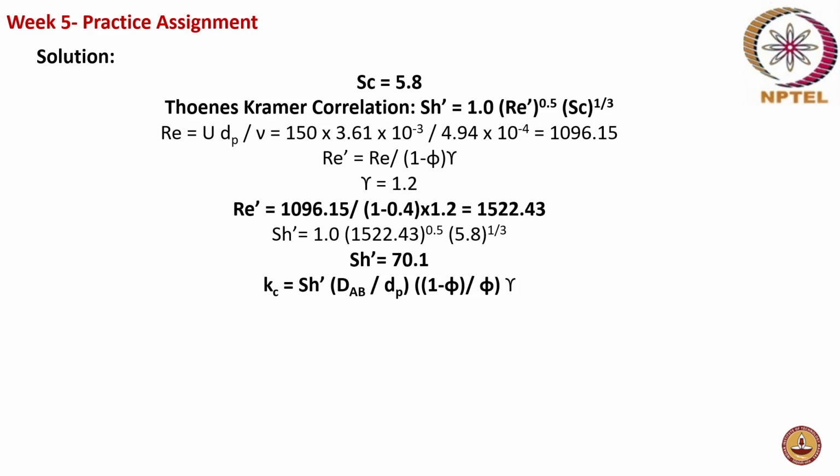So you have your porosity and shape factor components coming into the formula as well. Your mass transfer coefficient is given by modified Sherwood number multiplied by DAB by DP into 1 minus phi by phi multiplied by gamma.